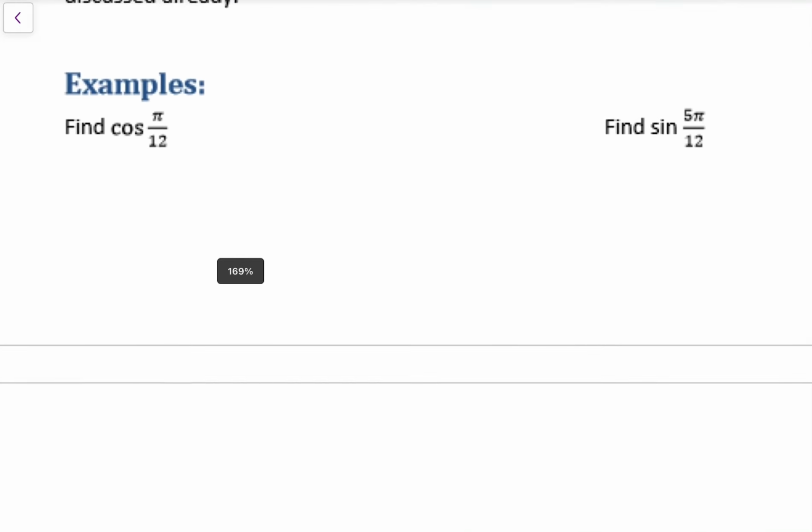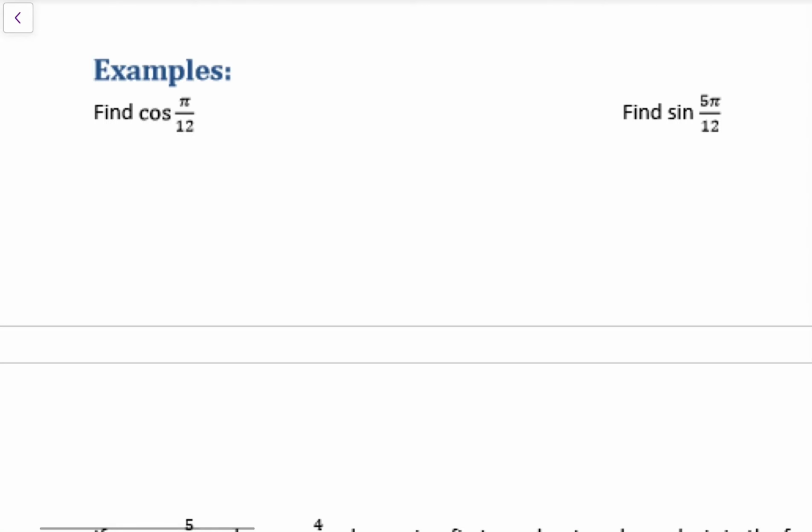You are familiar with fractions already, so you should be able to pick up on this. But pi over 12, we want to somehow get pi over 12 using pi over 6, pi over 4, pi over 3, pi over 2, although we don't really use pi over 2 much for anything that I remember.